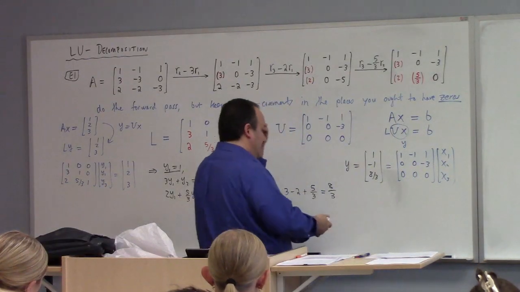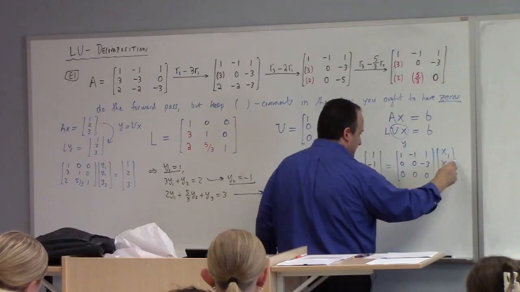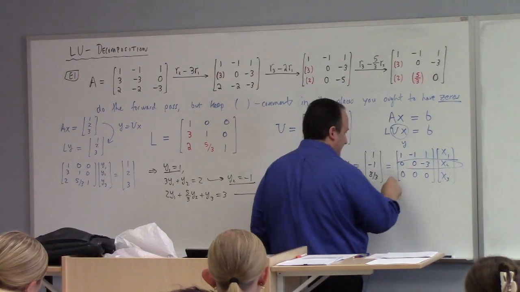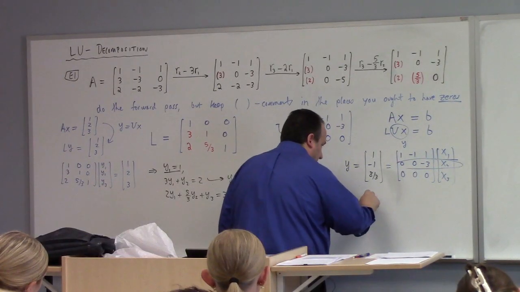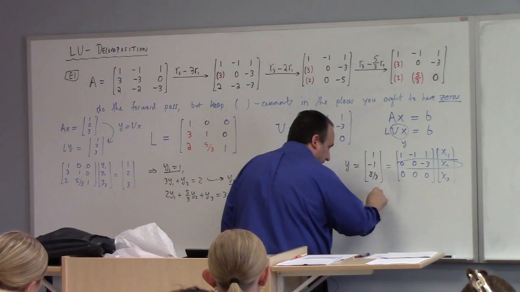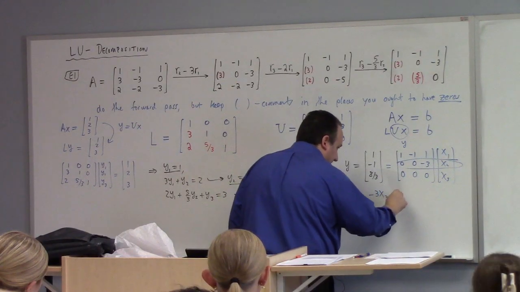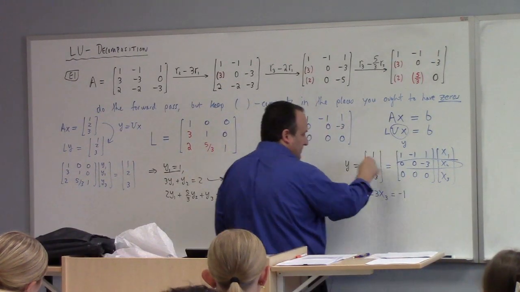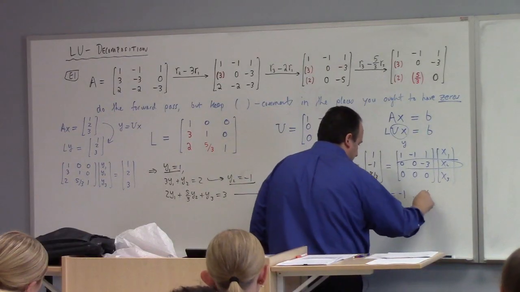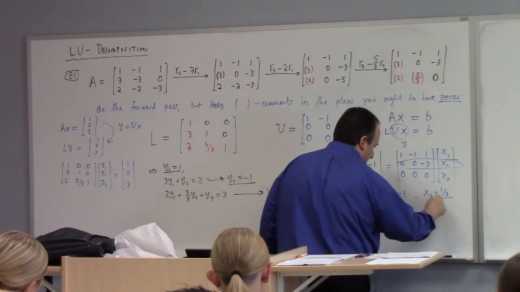But I guess that's nice because we can see from this immediately that what? x2 minus 3x3 equals what? Minus 1, right? So therefore x3 is 1/3.